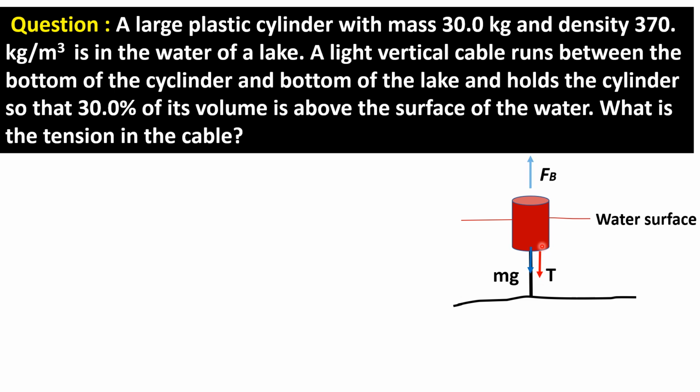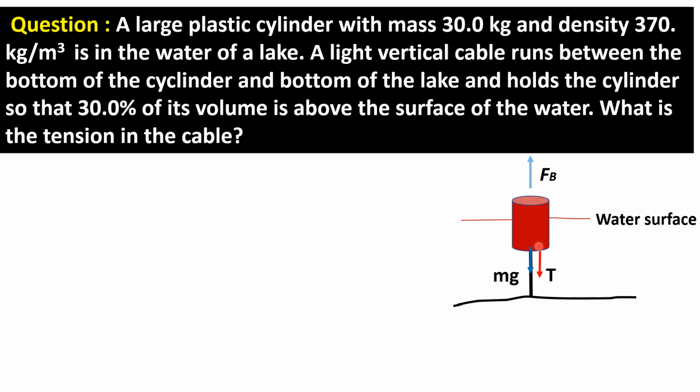So, you notice there are two forces acting on the cylinder and both forces are directed downward: the tension force of the cable and the force of gravity, mg, which is the weight of this cylinder. The only upward force is the buoyant force exerted by the water on the cylinder.